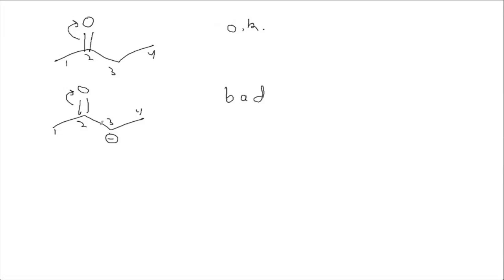Do you remember that what resonance gives you is 2 pictures that you blend together to imagine what the real picture is like? For example, up here, does the oxygen really have a positive charge or not? Well, the answer is that the oxygen is a blend of these 2 pictures. It has a partial positive charge.